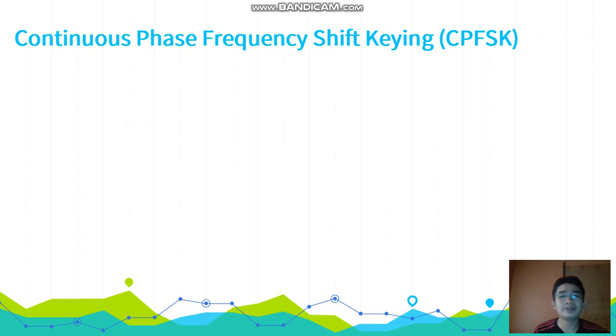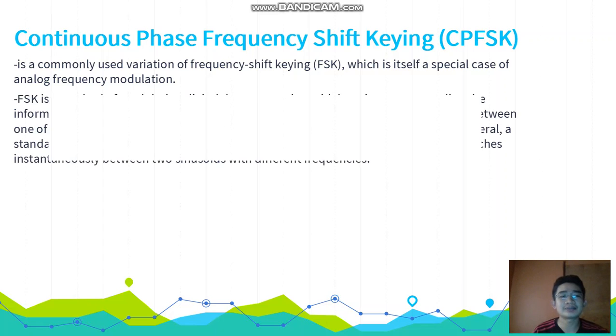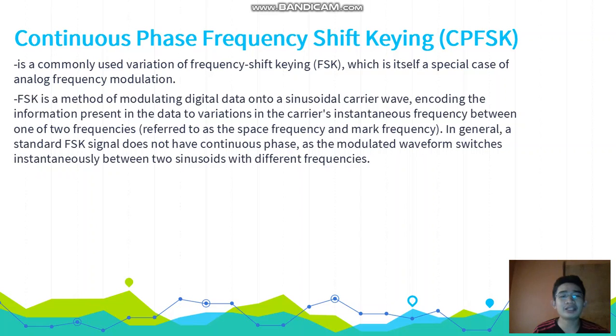It is continuous phase frequency shift keying. It's a commonly used variation of frequency shift keying, which is itself a special case of analog frequency modulation. FSK is the method of modulating digital data onto a sinusoidal carrier wave, including the information present in the data, by varying the carrier's instantaneous frequency between two frequencies, referred to as the space frequency and the mark frequency.